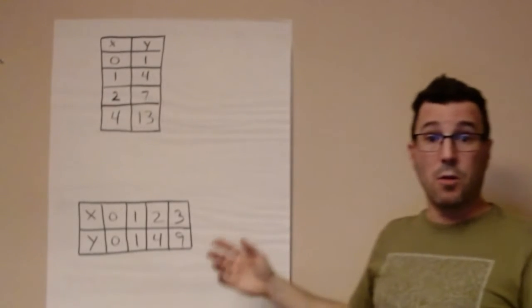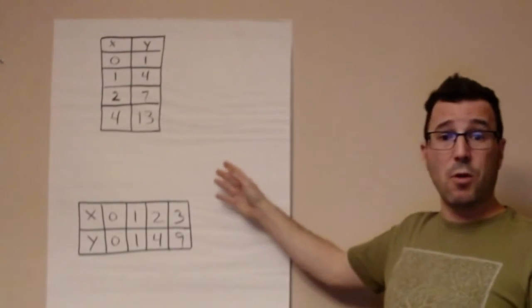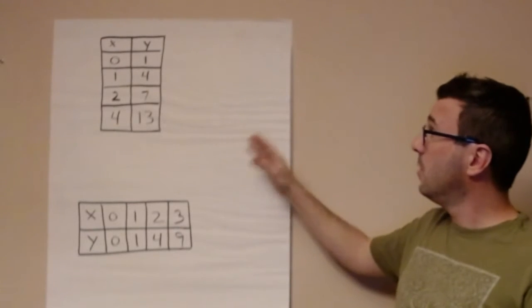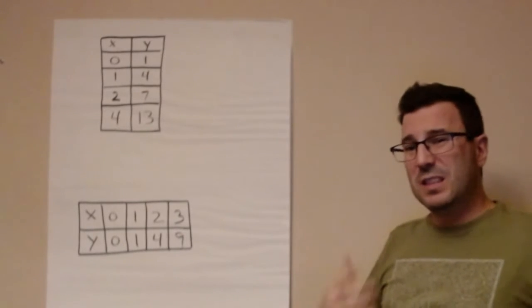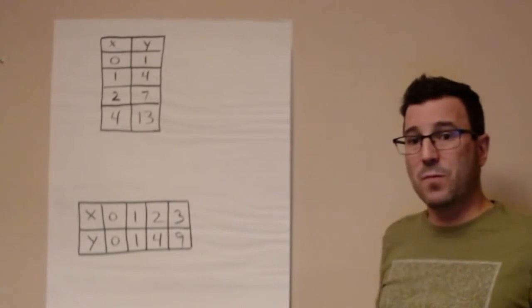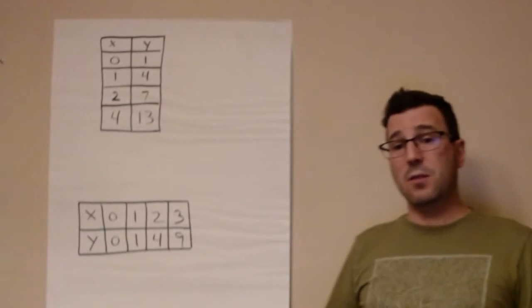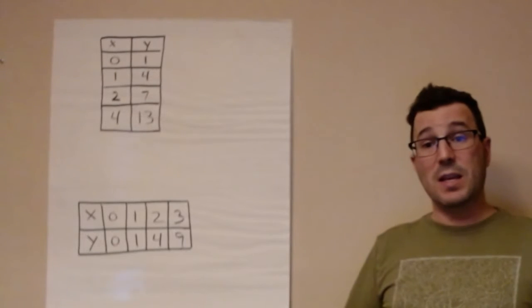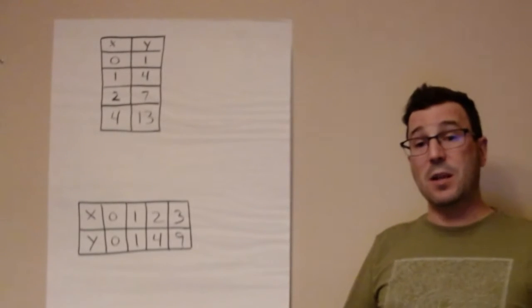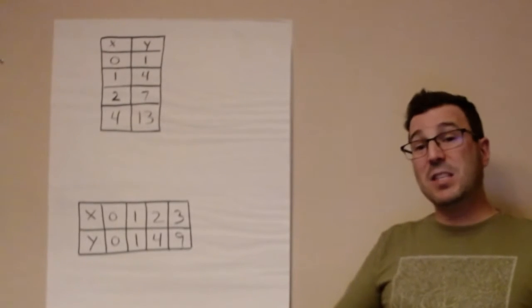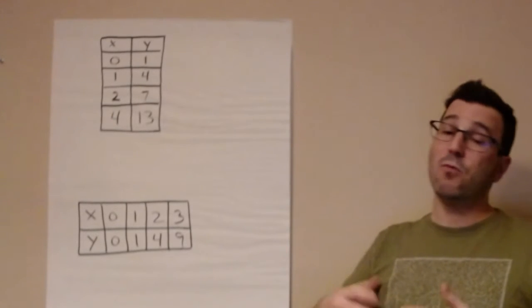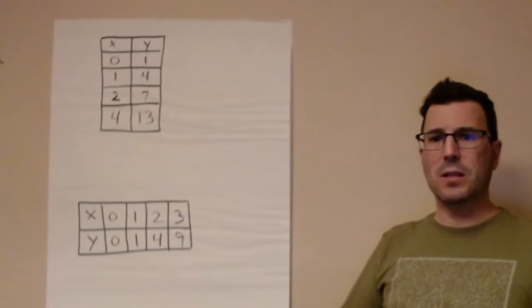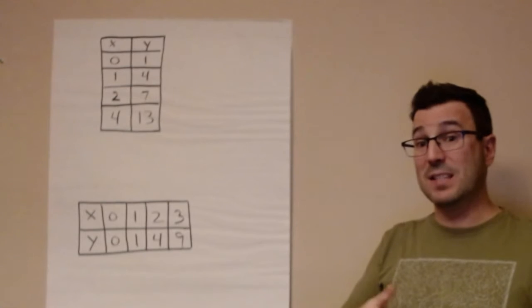Okay. So, then we come across tables. Now, tables require us to do a little bit more work. Now, the thing that we need to do in order to figure out whether a table represents a linear function is to see, does it have a constant rate of change? Basically, does it have a slope that is consistent?